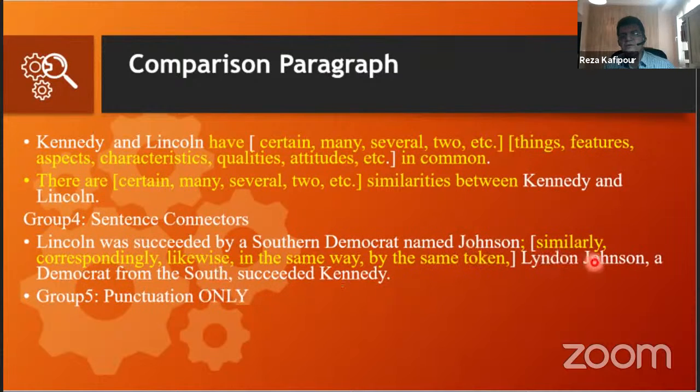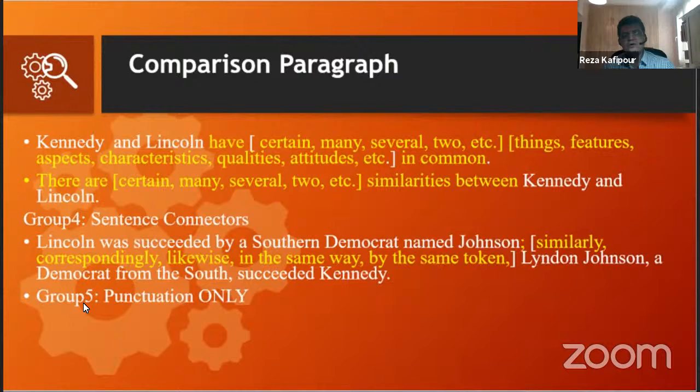So there is no difference between the different sentence connectors we have here: similarly, correspondingly, likewise, in the same way, or by the same token. Each one of them can be used in the sentence.